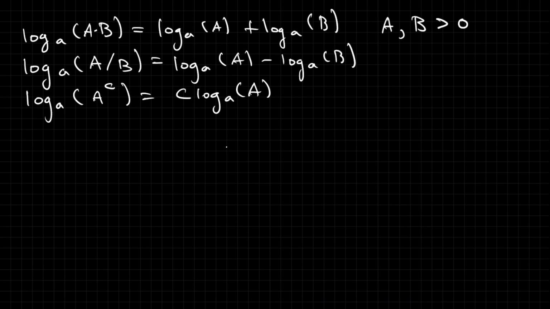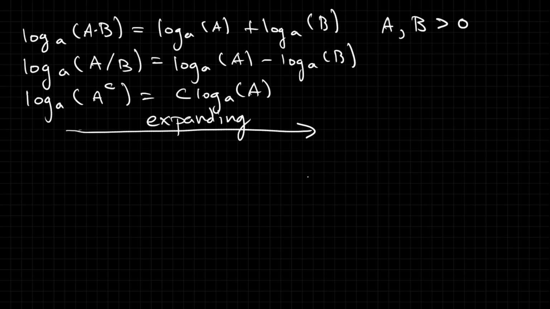I'd like to make another remark regarding the language of some of the problems. When you start with something that looks like the left-hand side and you make it look like the right-hand side, this is called expanding logarithms. We call it expanding because it tends to make the expression longer lengthwise.